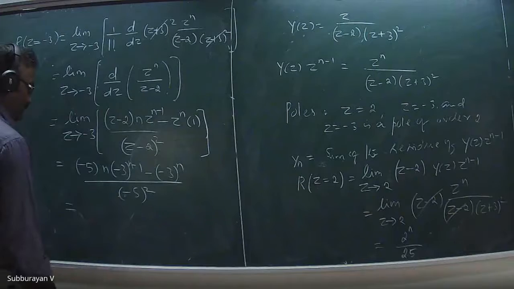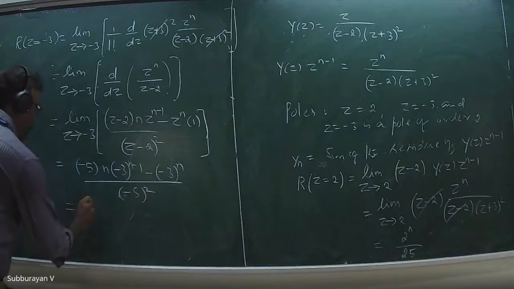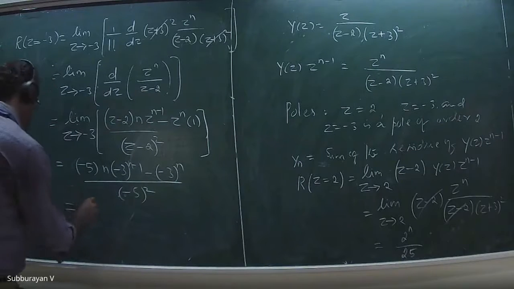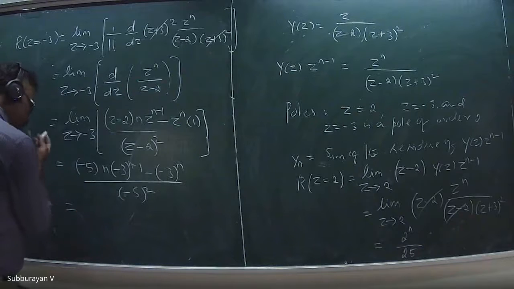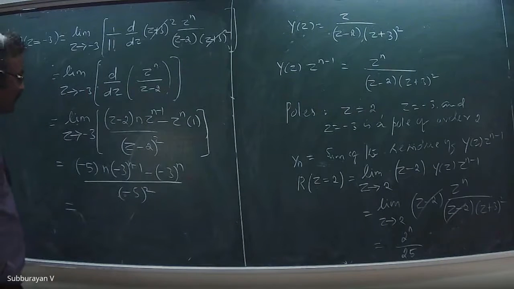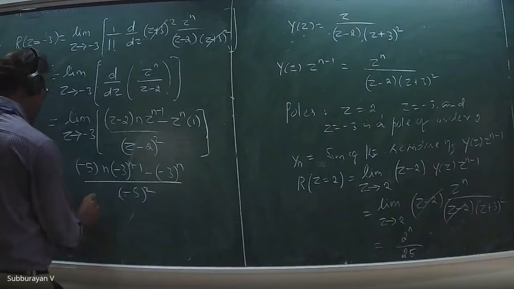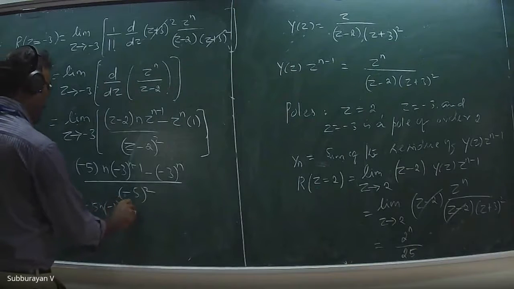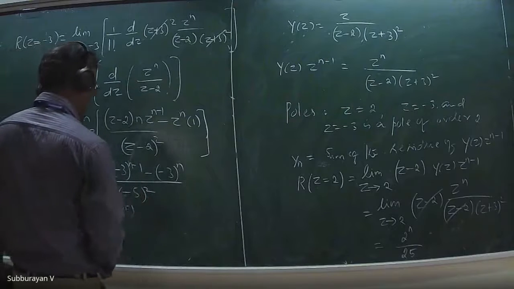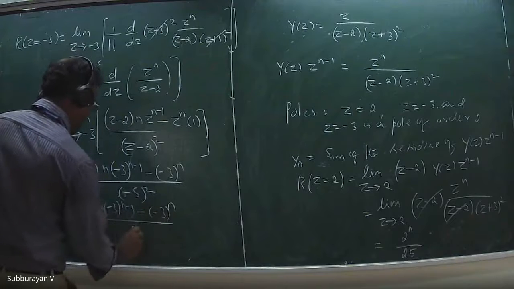See, therefore, this is the residue, right? Minus 5 into n into minus 3 power n minus 1, and then minus of minus 3 power n, divided by 25.